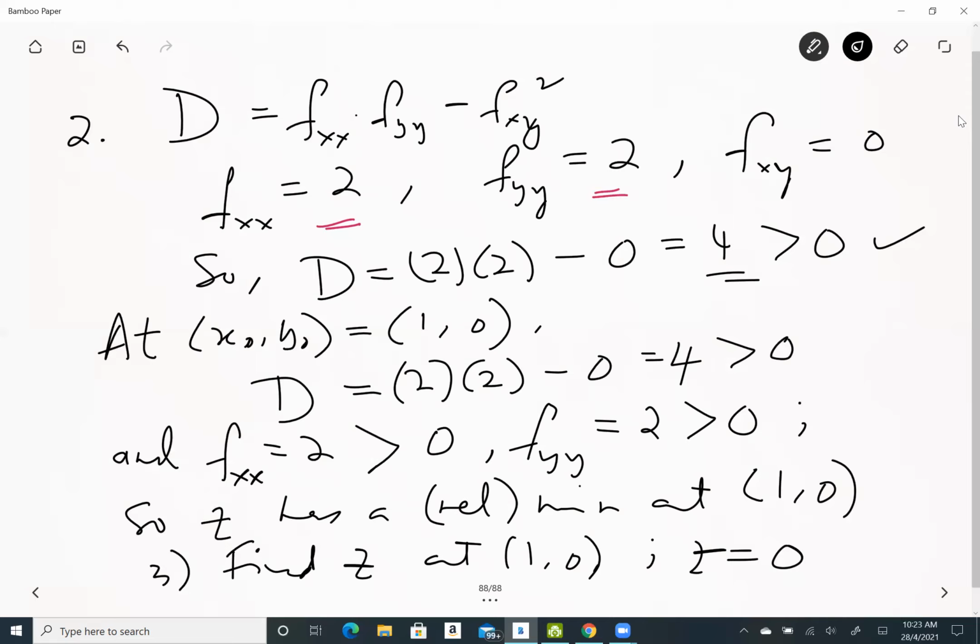The minimum occurs at 1, 0, 0. So we can say that the function has a relative minimum at 1, 0, 0. Okay, that's where you get a minimum.